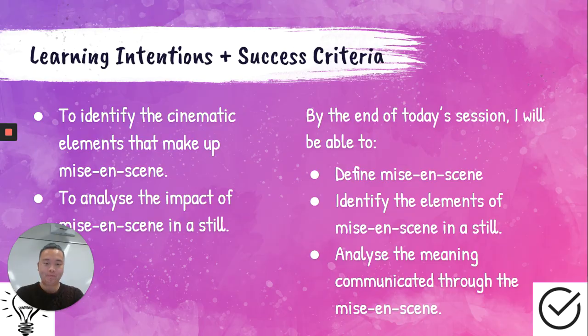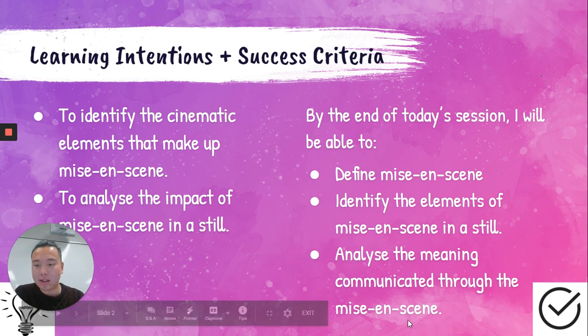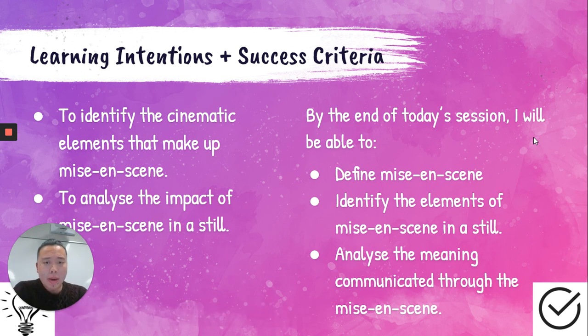Without further ado, if we think back to what we did today, we learnt about the cinematic elements that make up mise-en-scene. We have 6 key film techniques and elements that make up mise-en-scene, which we'll cover in a minute. We also analysed the impact of mise-en-scene in a still. I walked you through an analysis of 2 stills from the Truman Show.